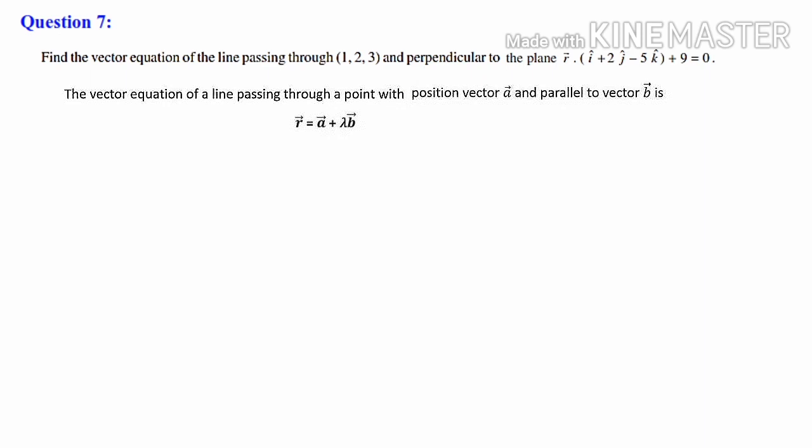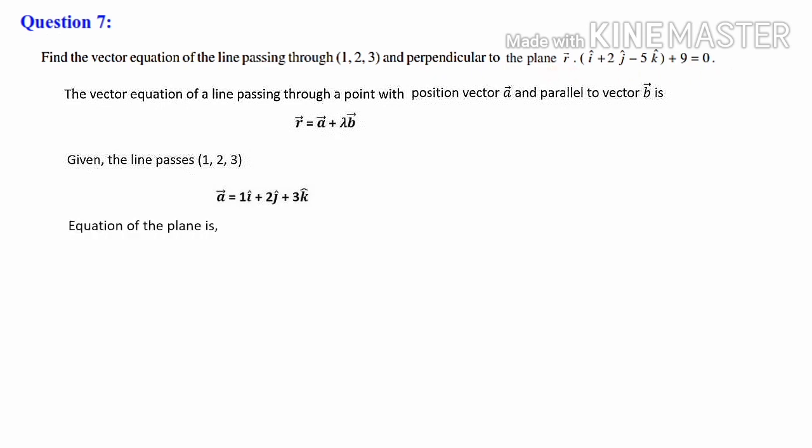Here A is the position vector of the given point. The given line passes through 1, 2, 3, so we can write the position vector A is equal to 1i cap plus 2j cap plus 3k cap. It is ready. Now we have the equation of a plane.